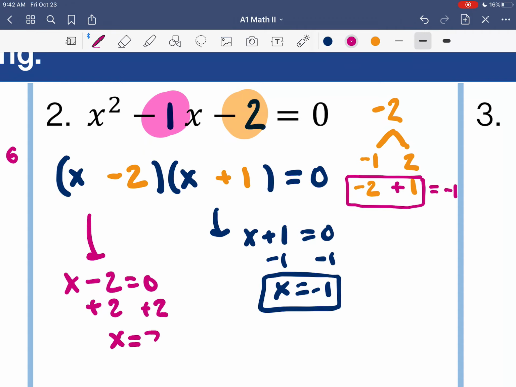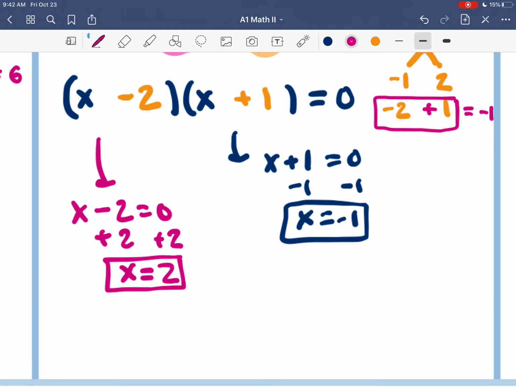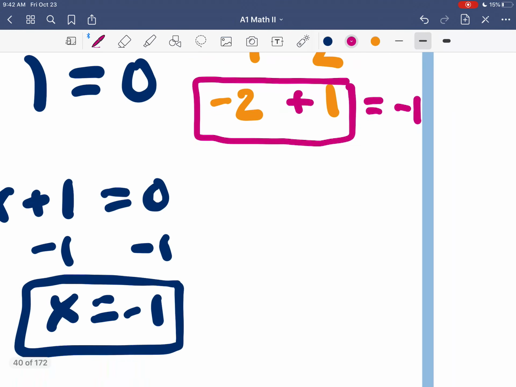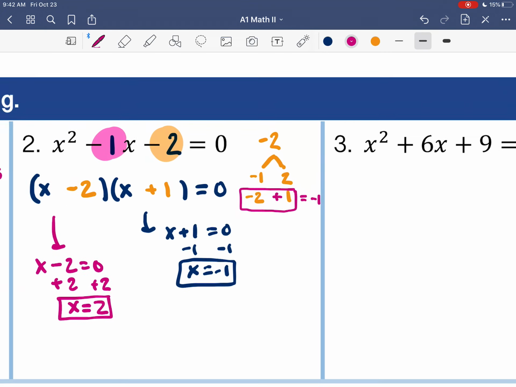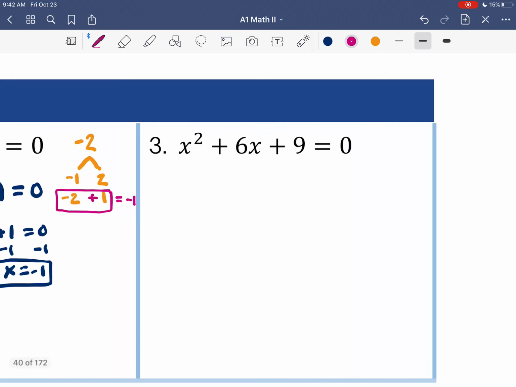Again, I'm setting them equal to 0 because of the zero product property. I know that two things multiplied together means that one of them has to be 0. So we're just finding two values of x that make that true. So our answers are +2 and -1. Again, the opposite signs of our pair of numbers that we started with. Just a thought to think about.